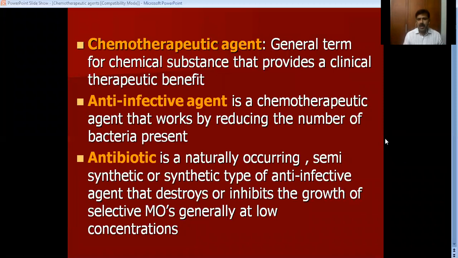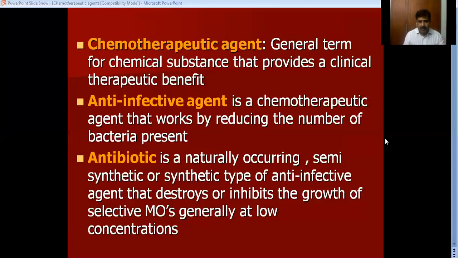Now, what is a chemotherapeutic agent? It's a general term, a chemical substance that provides a clinical therapeutic effect. Anti-infective agents act by reducing the number of microbes or bacteria that are present there.